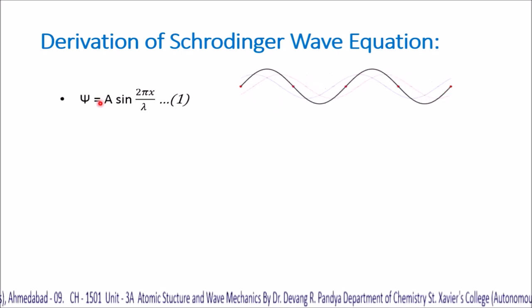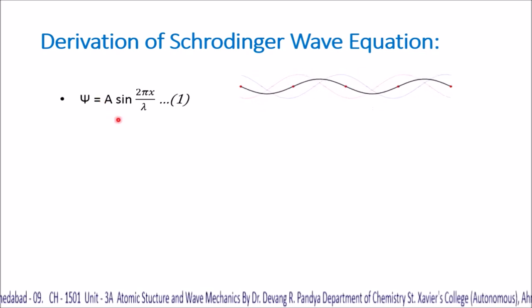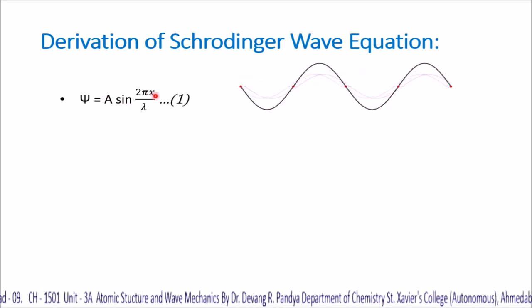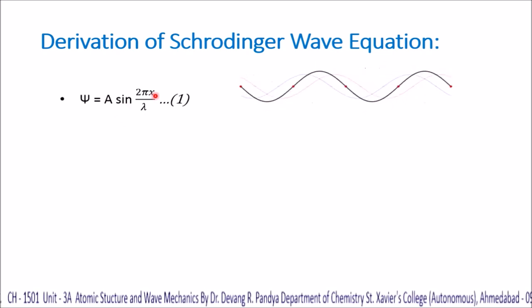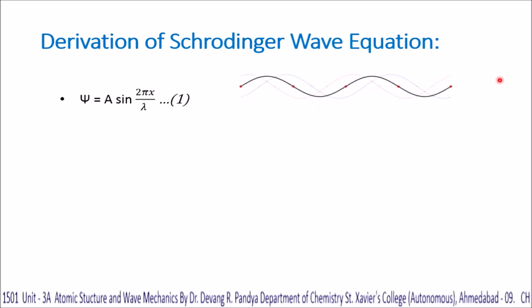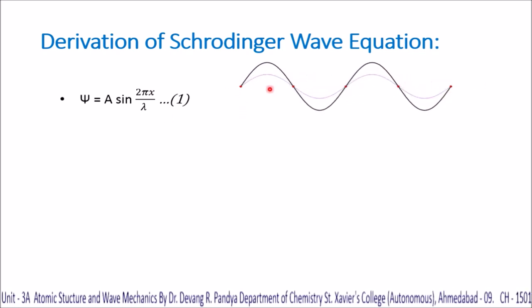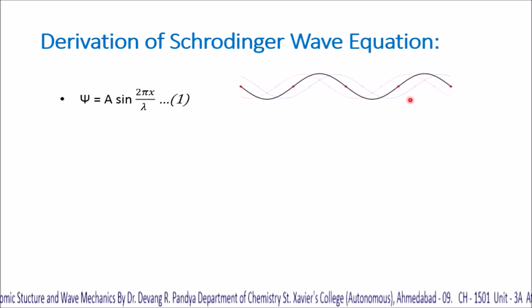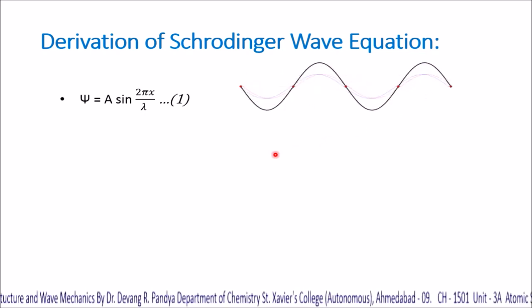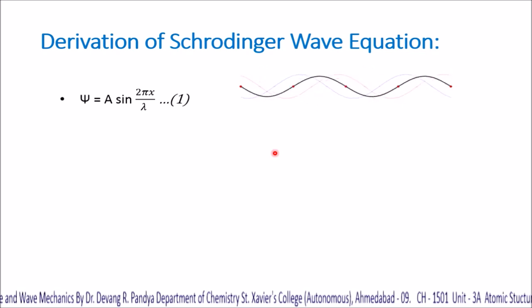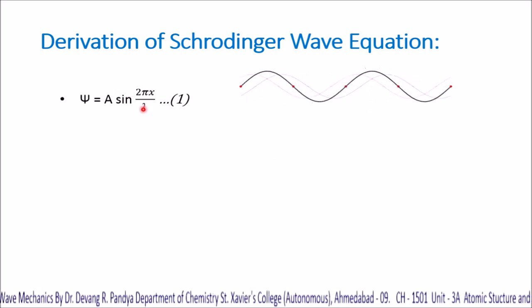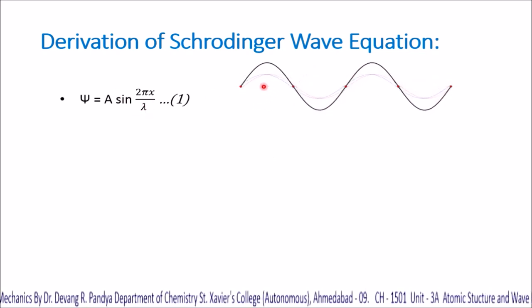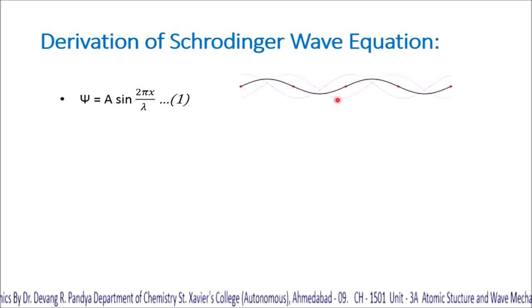So this is considered as the wave function, and x represents the displacement or propagation of the wave in the x direction. Suppose this is the x direction, then this wave will propagate along the x axis. Lambda is the wavelength of this wave on the thread.